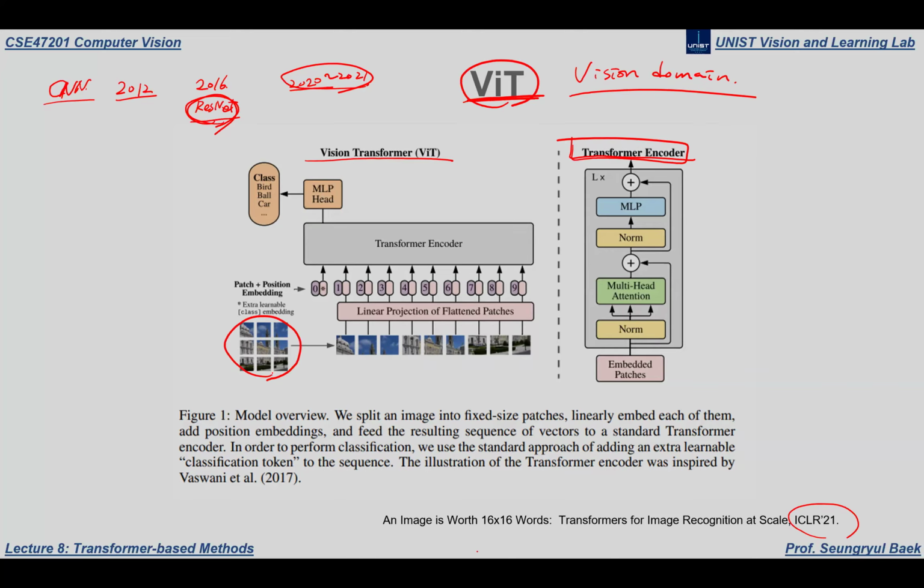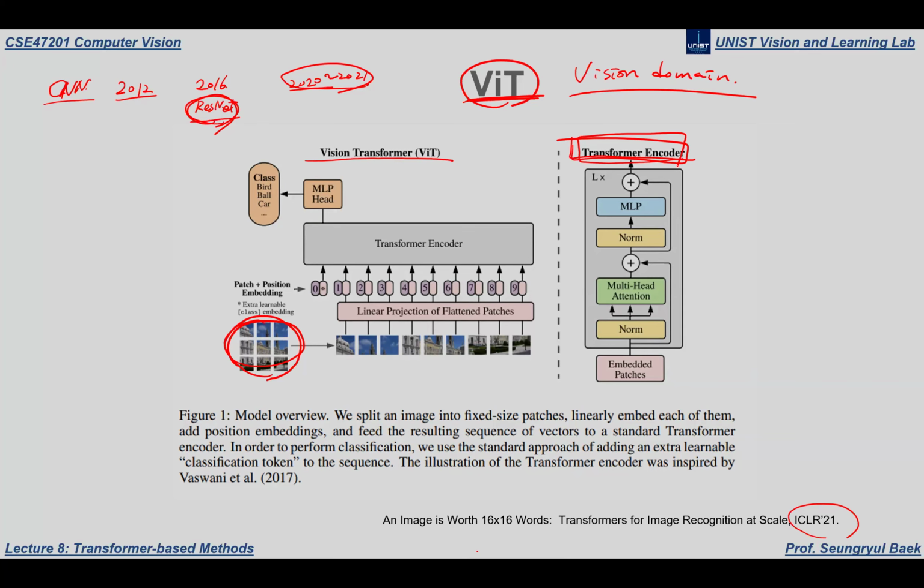Image data is not sequence data. So there's no serious reason to use the decoder as well. So they only use the transformer encoder as the feature extractor for the image domain.